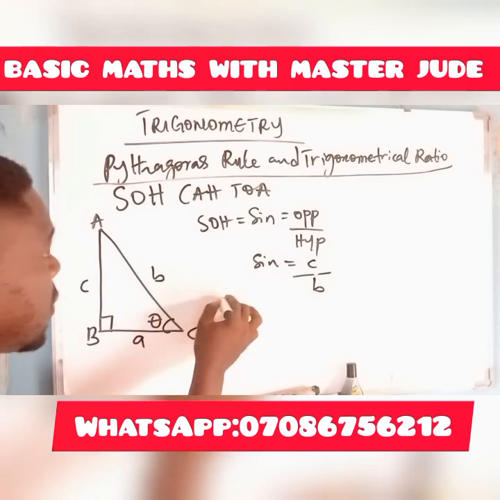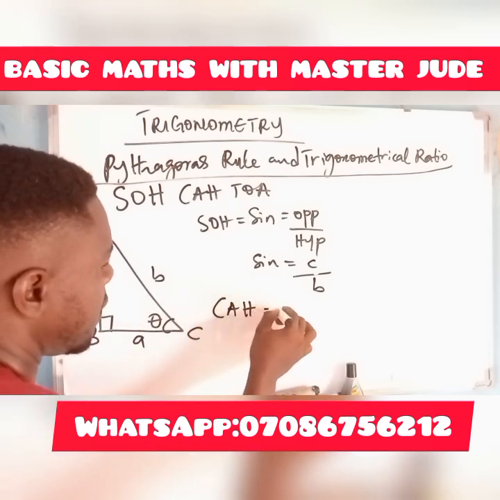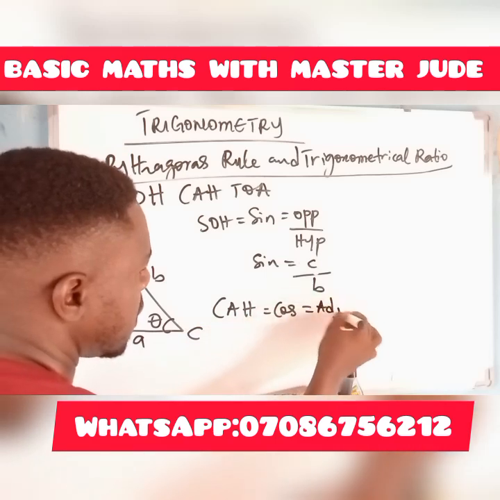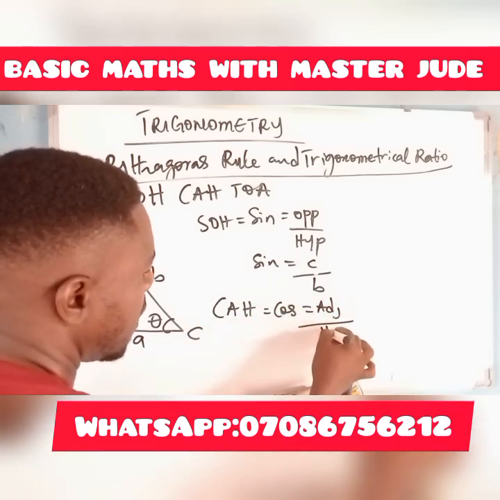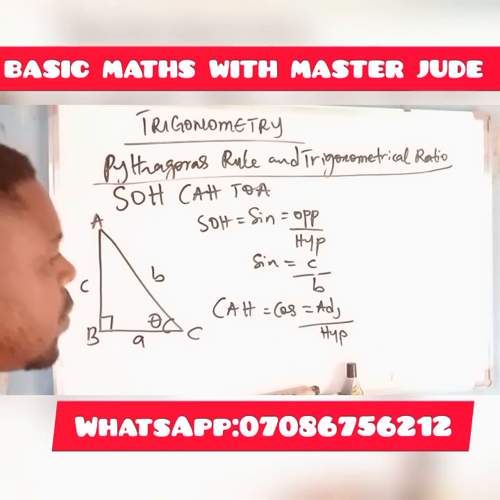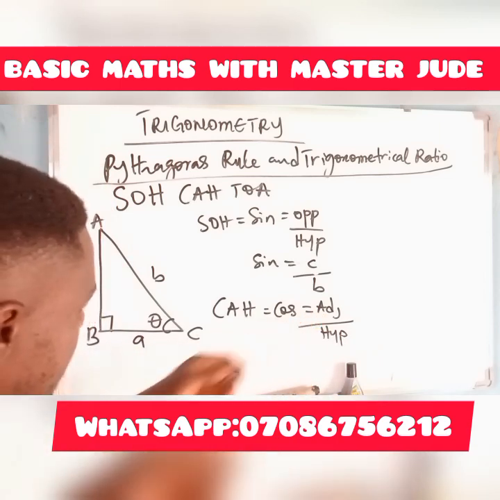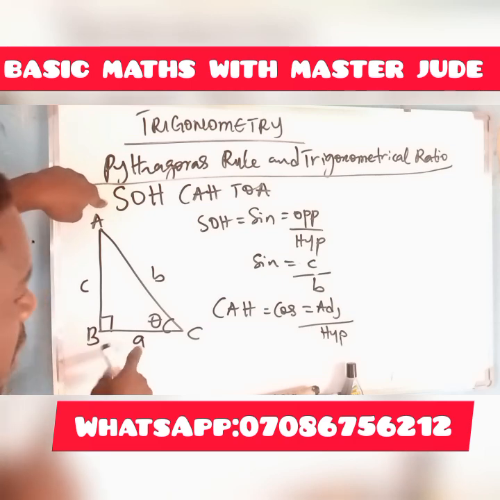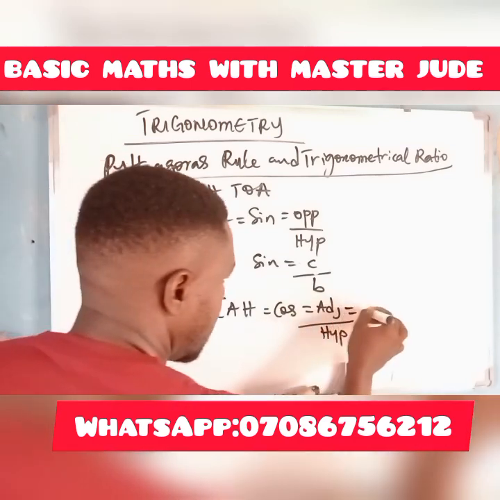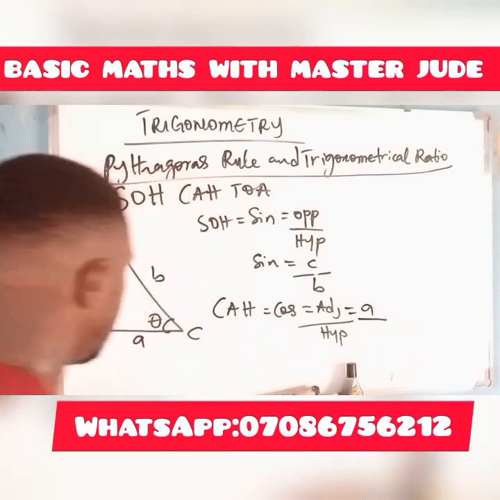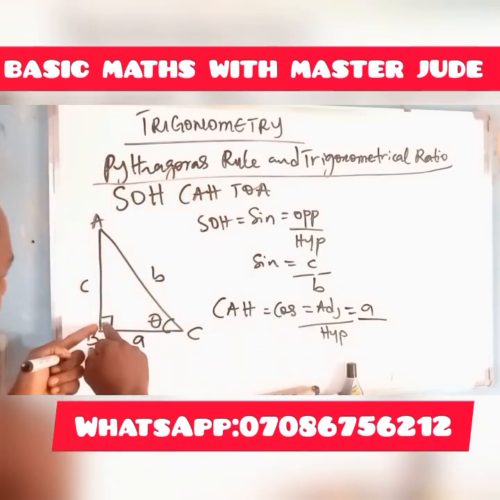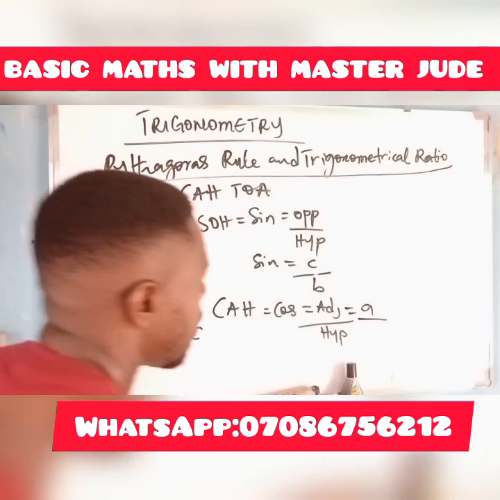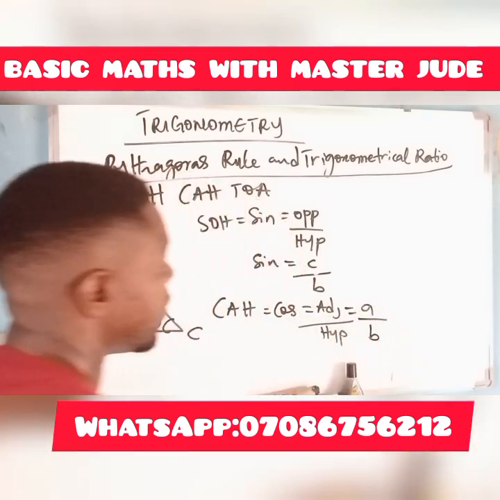Now let's come to CAH. Your C means cos is equal to A means adjacent, H means hypotenuse. Now let's identify adjacent. Adjacent is the other side, which is a. This is your small letter a all over hypotenuse, the side facing your angle 90 degree, and the alphabet we have there is b. So your cos is a over b.